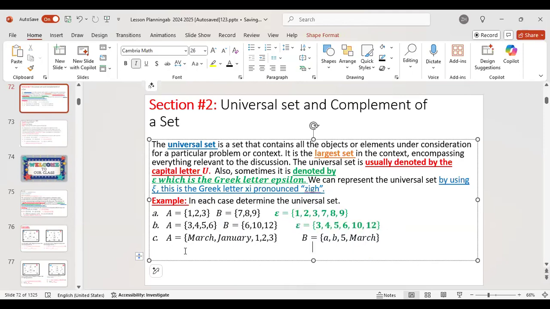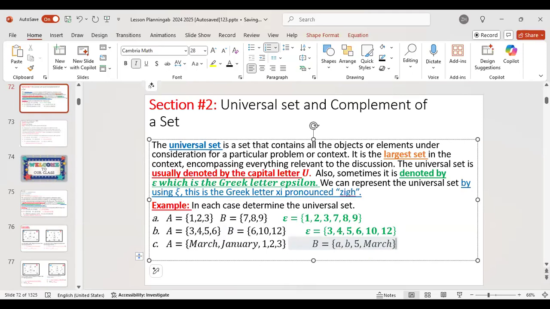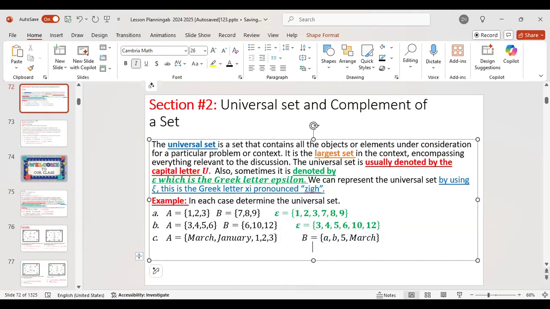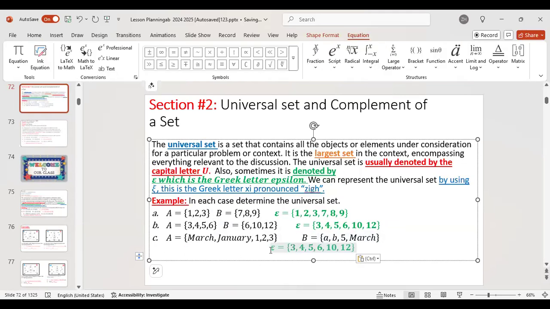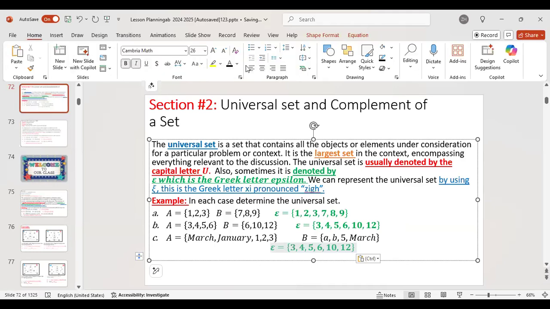March, January, 1, 2, 3, A, B, 5. Who said that? Albert. Very good, Albert. So the universal set for this one is going to be everything in A and everything in B together.